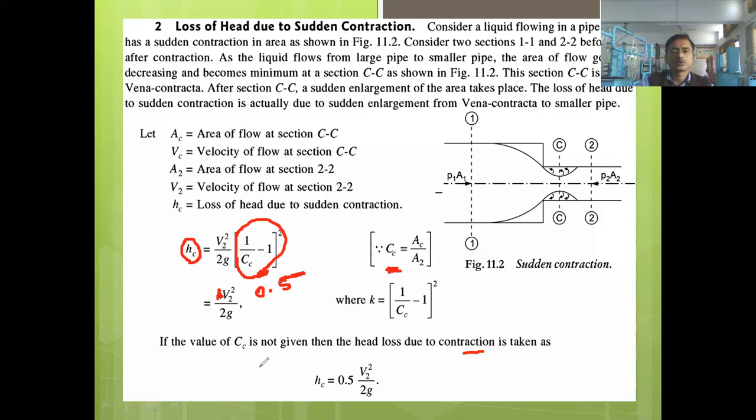Write down the formula, we are going to use this formula many times. Hc is equal to 0.5 V square upon 2g.